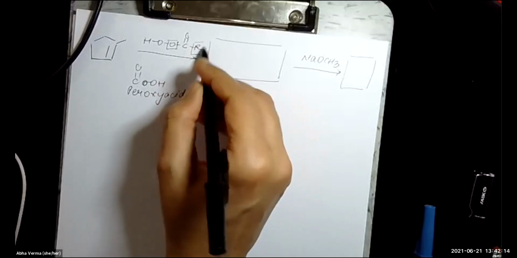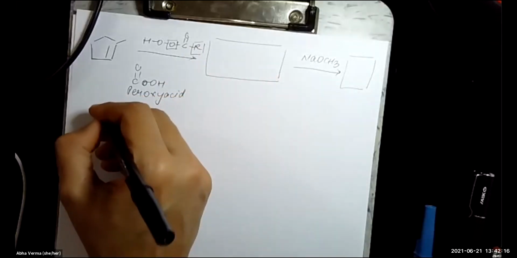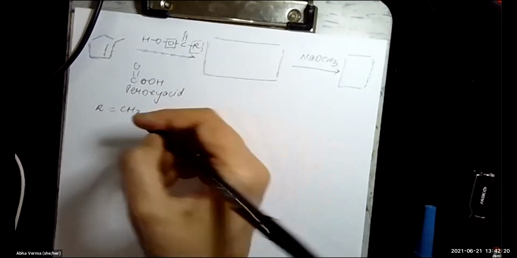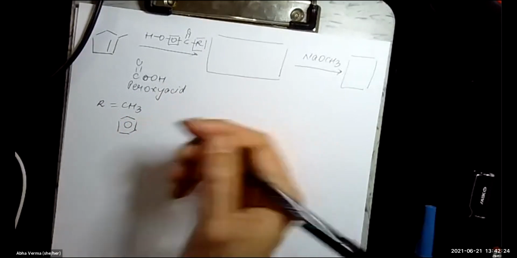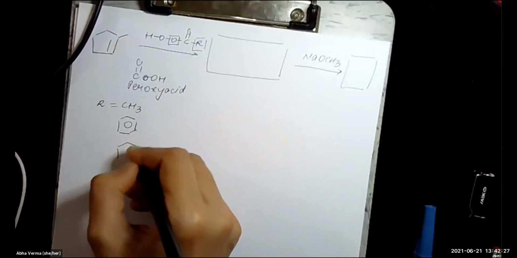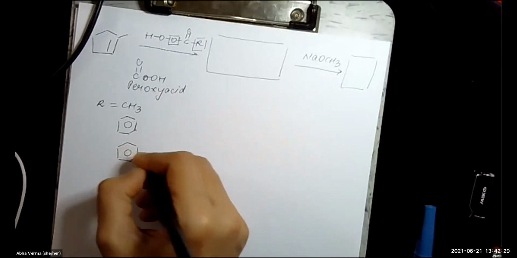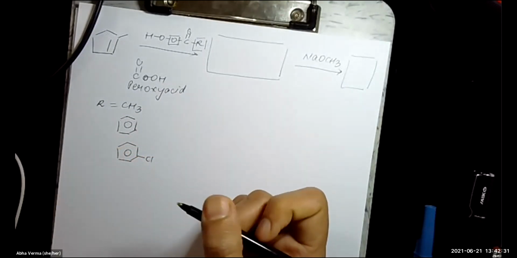What about this R group? This R group is simple alkyl. It could be any alkyl. It could be a methyl group. It could be a phenyl ring, or more commonly, it is a meta-chloro group.